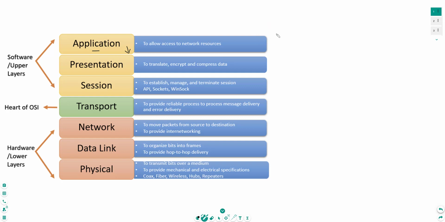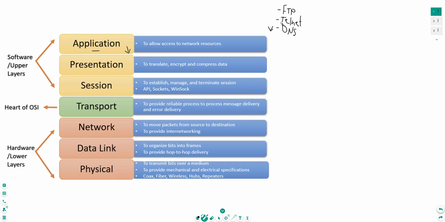One of the protocols, or a couple of the protocols, that the application layer would use is FTP, for example, or let's take Telnet, and another one is DNS.